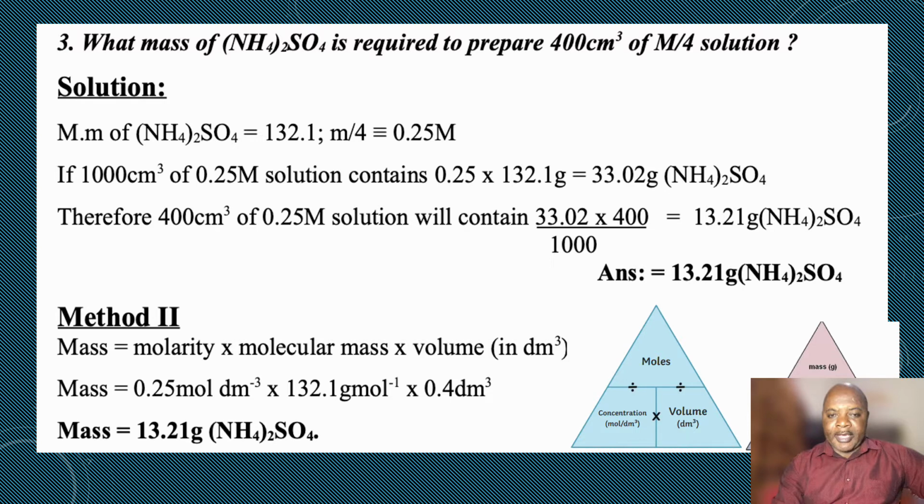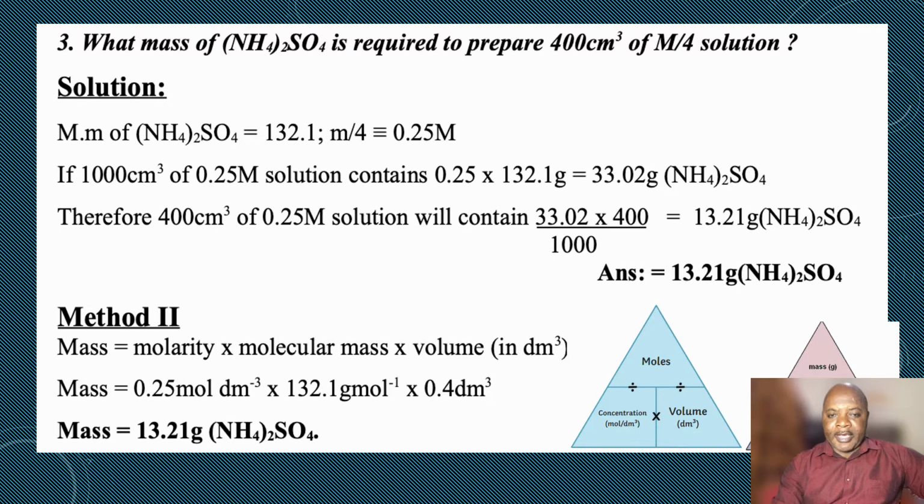Then we are told the molar mass of ammonium sulfate is 132.1. So now we are going to use the other triangle that says the mass will be equal to the moles times the molar mass.